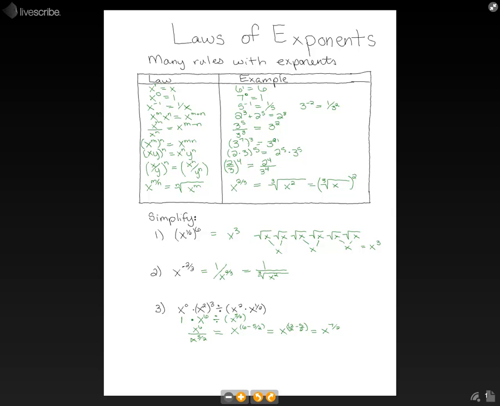So, we can go ahead and rewrite this as a square root too, if we feel like it. This is one way to do that, and hopefully these laws of the exponents will be useful.